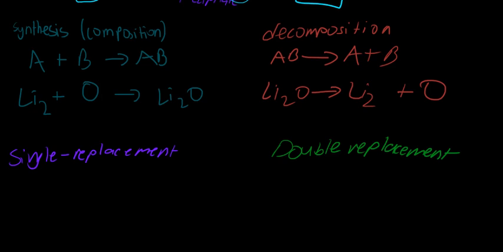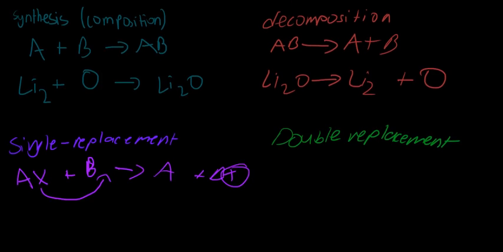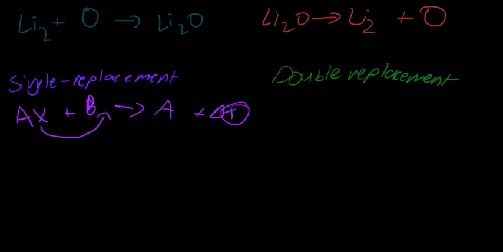The way the single replacement works is compound AX is reacting with element B, or just the single atom B, and it's forming A, the solitary A, plus BX. So as you can see, this X has transferred from the A, and it's gone to the B.